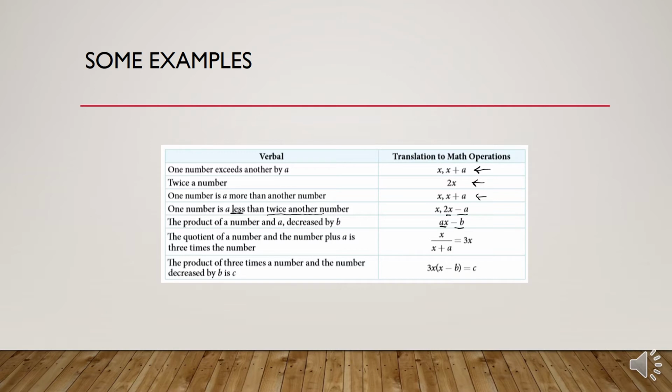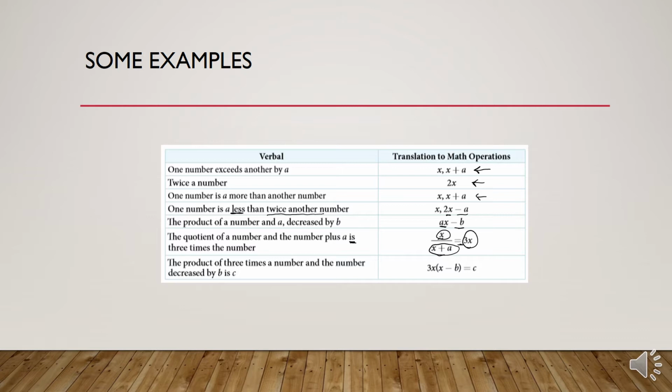Next, the quotient of a number and the number plus a is 3 times the number. So when we see the word "is," that's kind of a hint to use the equal sign. So the quotient of a number, that would be x, and the number plus a, is, so equals, 3 times the number.